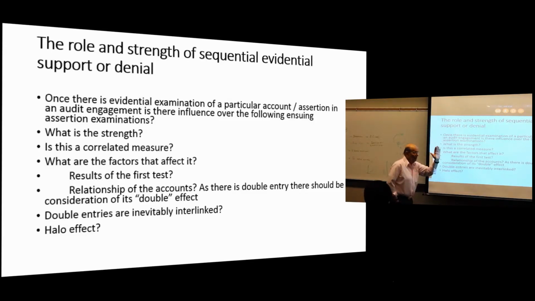The question is there a residual effect? Is this an important question? Auditing one account, does it affect the other accounts? Very important, because if you can establish that there is an effect, you can audit less, spend less money. So it's a very important question.